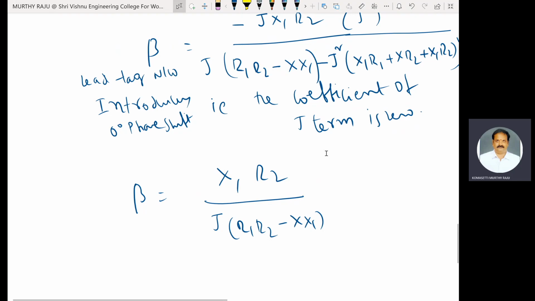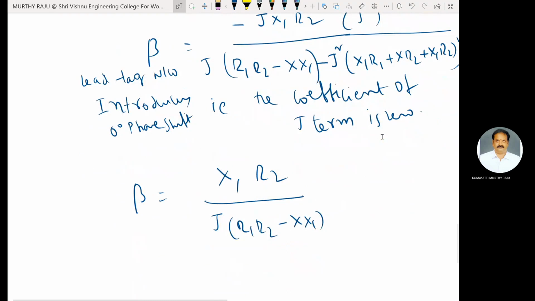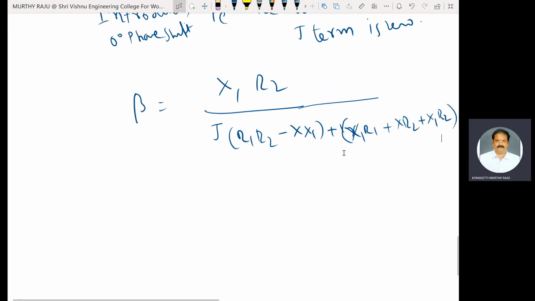This one is J square, which is minus 1, minus into minus plus, x1 R1, R1 plus x R2 plus x1 R2. The J quotient value is equal to 0 means R1 R2 minus x1 is equal to 0.